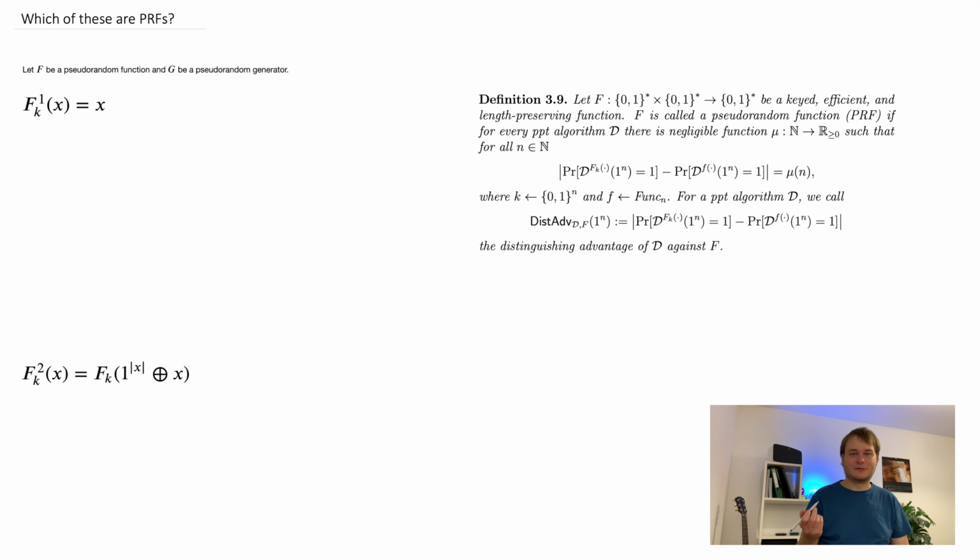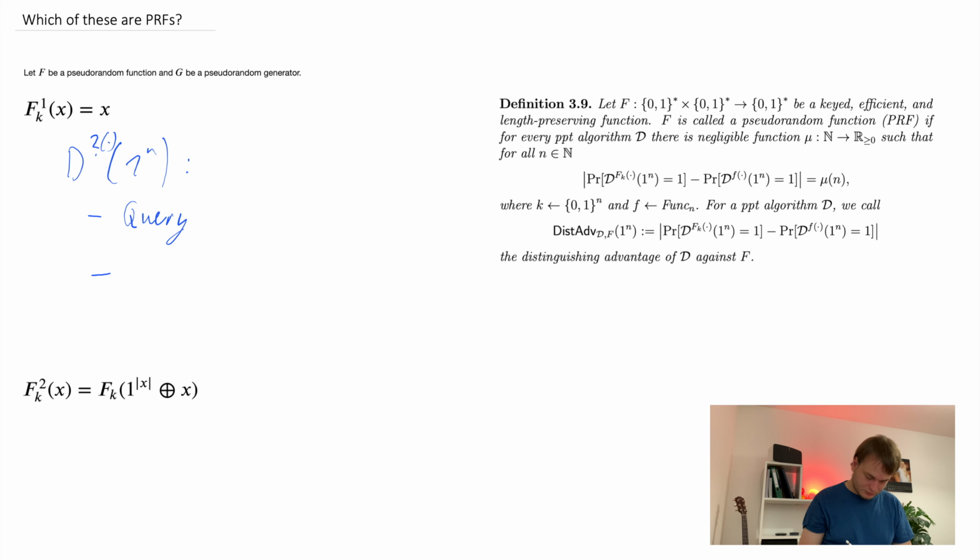So what does this distinguisher look like? Think about it a bit while I write down the distinguisher. So the distinguisher is very easy. We have this distinguishing machine here, which gets oracle access to some function we don't know.